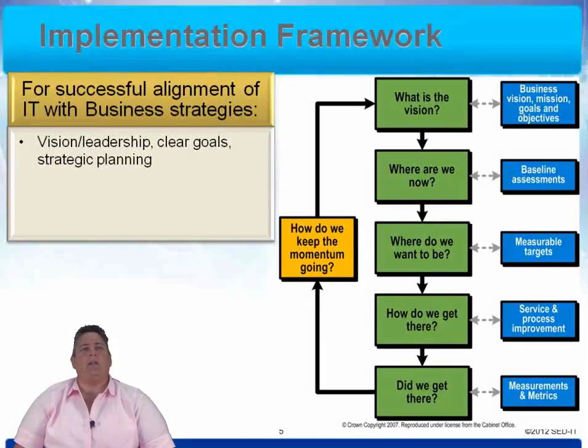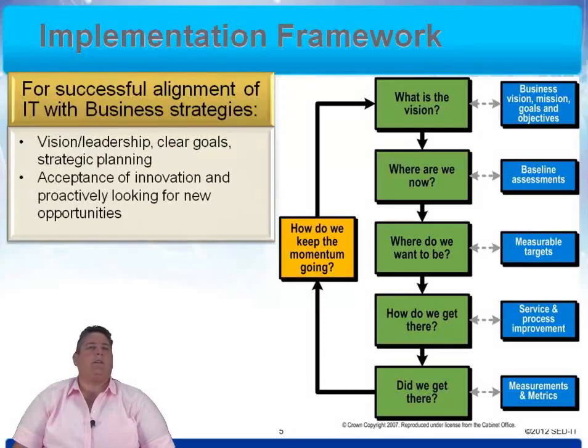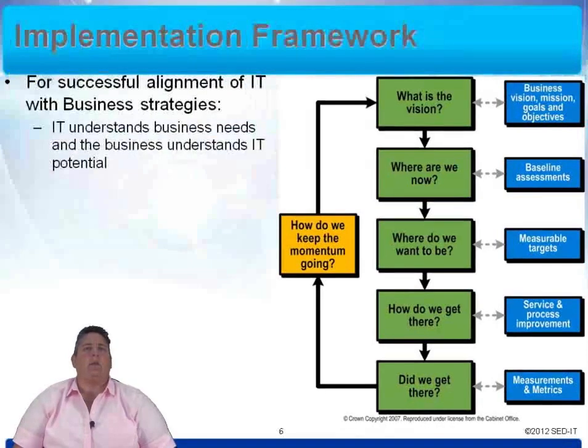For successful alignment of IT with business strategies, you need to understand the overall vision and leadership, and have some clear goals. There has to be a level of acceptance for innovation, as well as proactively looking for new opportunities. There has to be a level of understanding of the business processes themselves by IT.